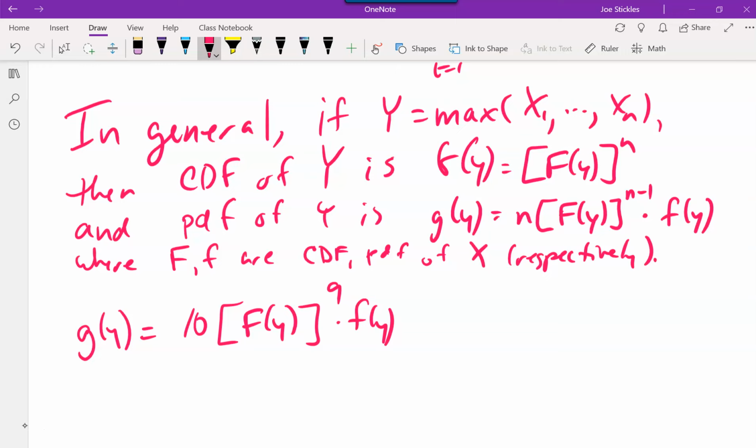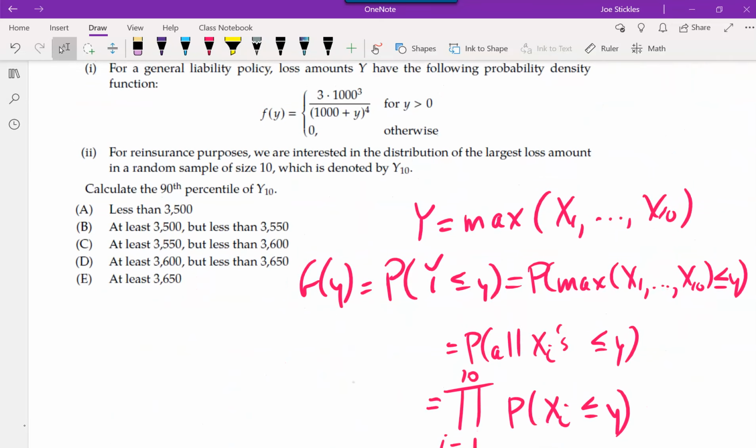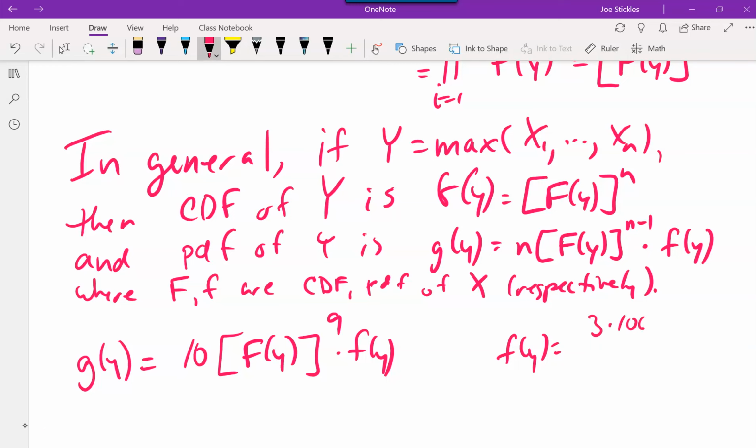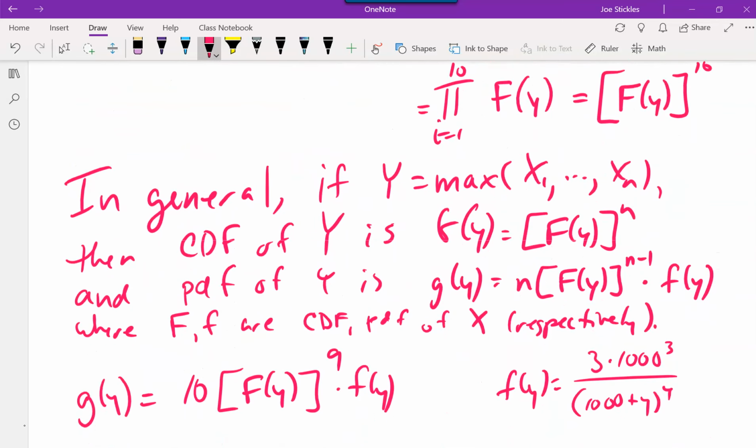And in this problem, I don't remember what little f of y was, so I'm going to have to scroll back up. Okay, so it was 3 times 1,000 cubed over 1,000 plus y to the 4th. And your y started at 0.